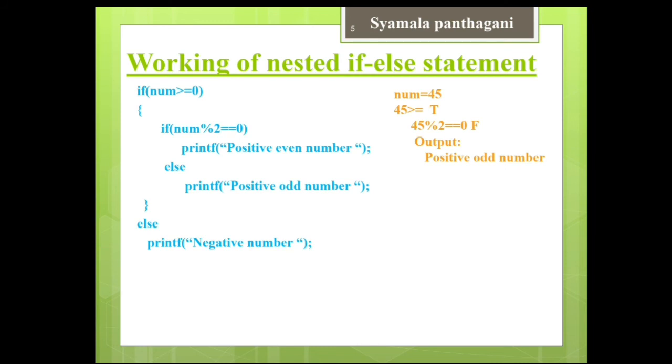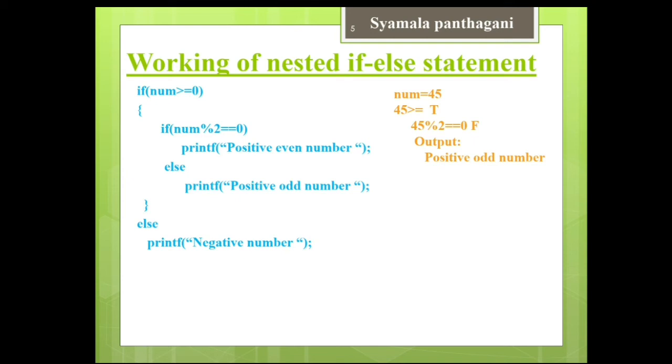For example, I have taken num value as 45. Now, how will it work? First, the compiler checks the first condition: num is greater than or equal to 0.